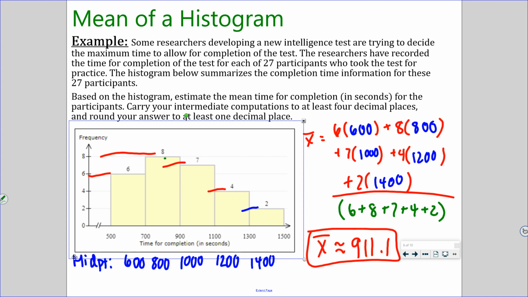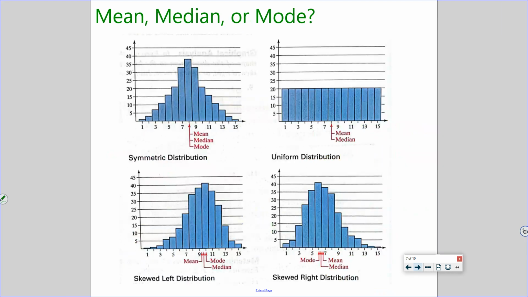Okay, last thing that I've talked about is it kind of depends on the shape of our distribution, which of these 3 measures of central tendency will be the best indicator of the actual center of our data. All right, so we talked about symmetric means if I were to split it right down the middle, the same thing's happening to the left as what's going on the right.